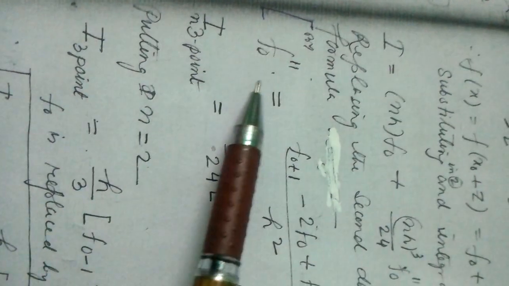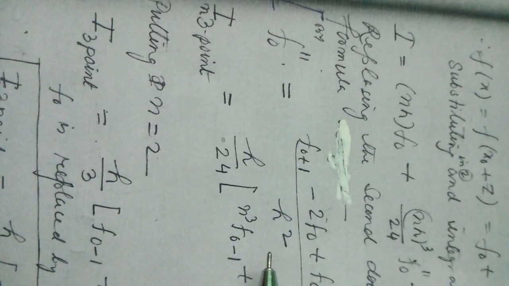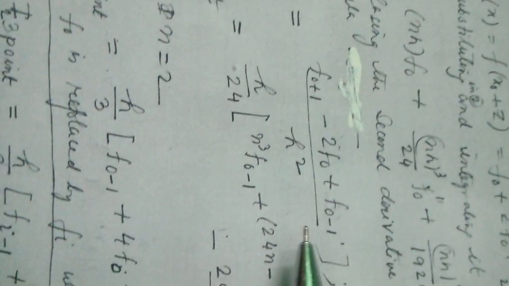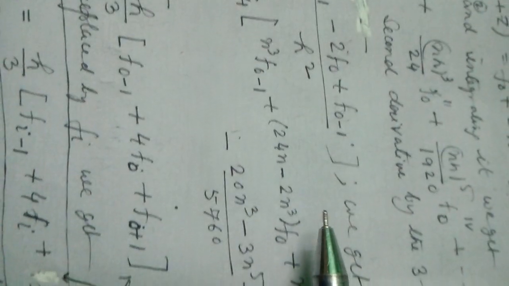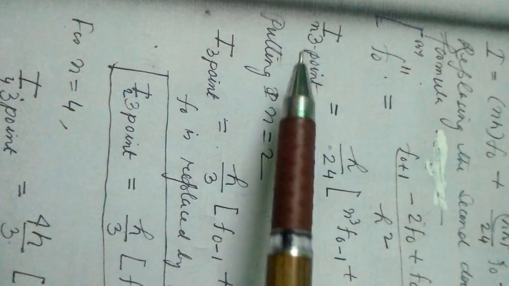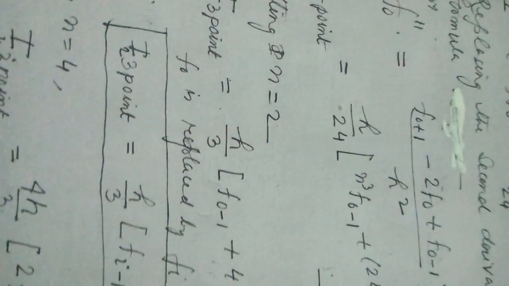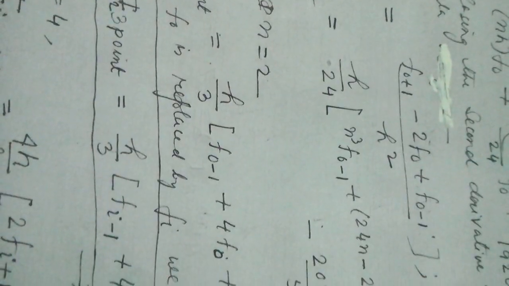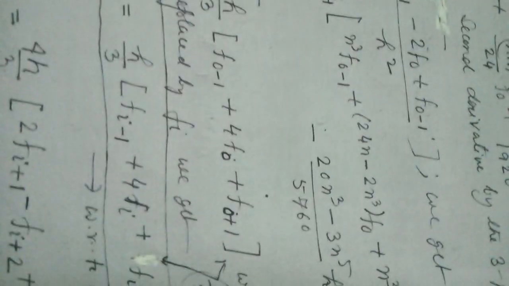So you know this formula, the 3 point formula. We get this I_n 3 point.